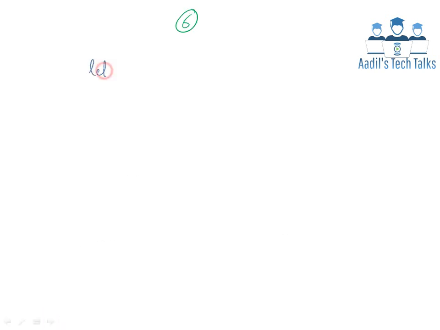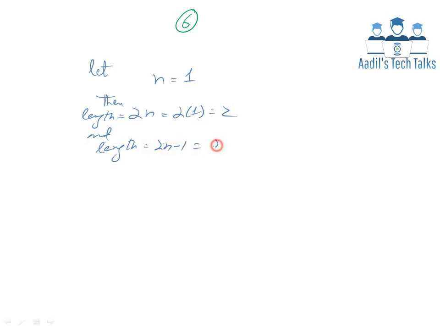Let n be equal to 1. Then 2n will be equal to 2 into 1, which is 2: all the words with length 2. And length 2n minus 1 will be 2 into 1 minus 1, which is 2 minus 1, which is 1: all the words of length 1 in palindrome.